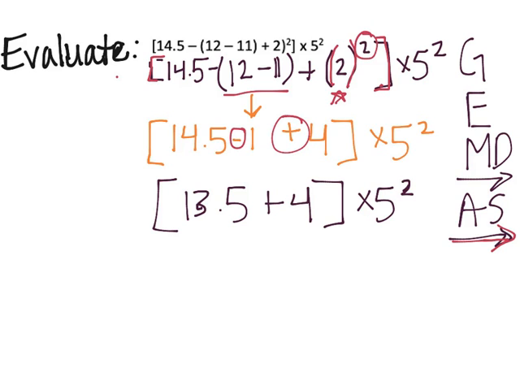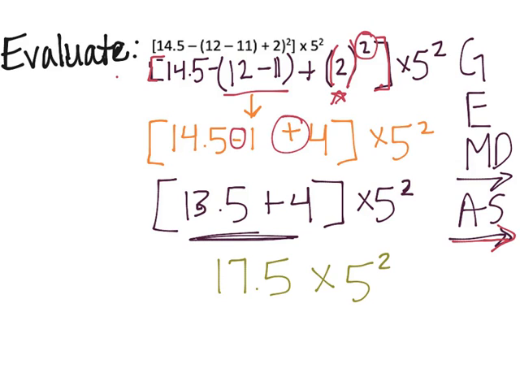Now I'm left with just one operation within this bracket, so whatever the sum of this part of the expression is doesn't need to be surrounded by brackets anymore. So 13 and 5/10 plus 4 is 17 and 5/10 times 5 squared.